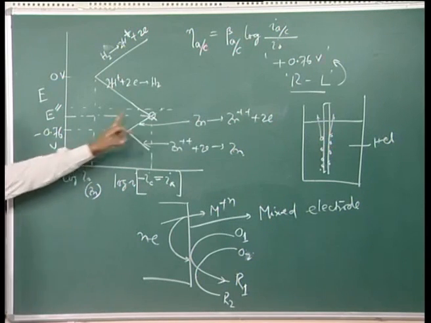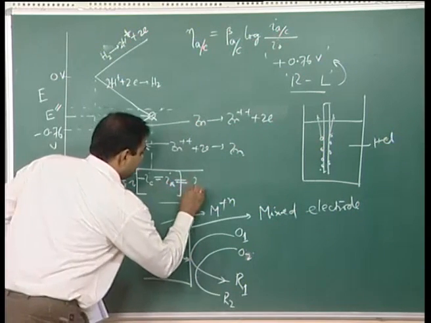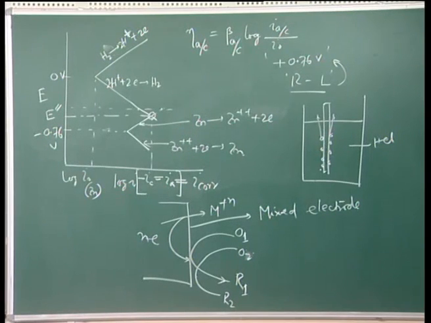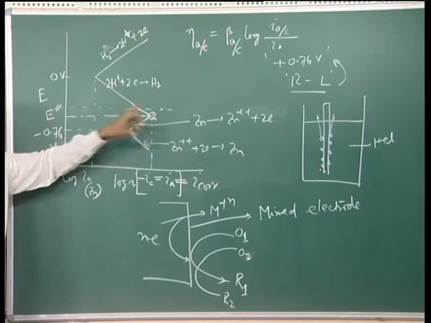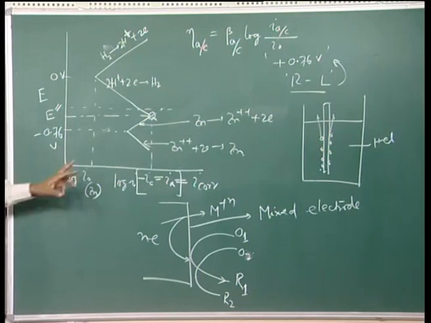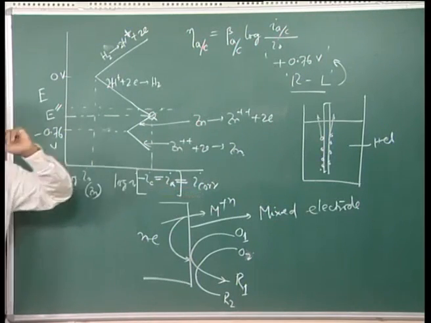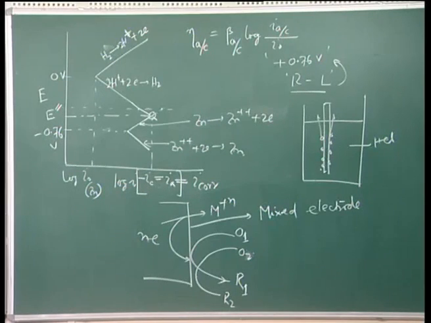Fine. So we have reached a point which is nothing but I_corr, I corrosion. This would be my point where, after some time, the equilibrium will be reached, and I_C and I_A will be equal to I_corr, because I_A is nothing but I_corr.